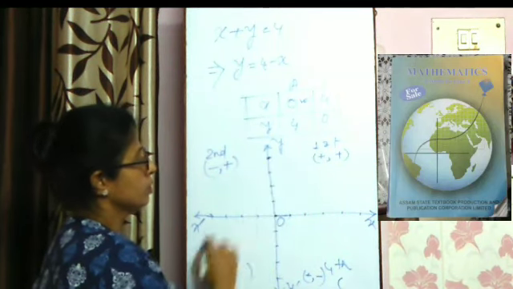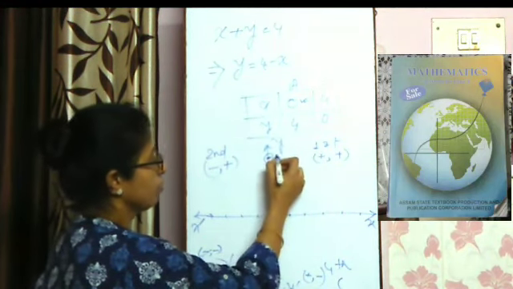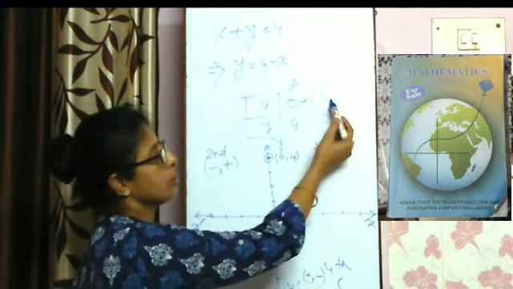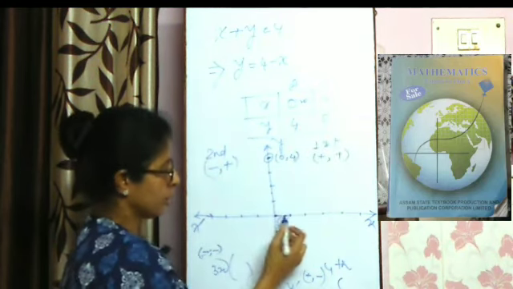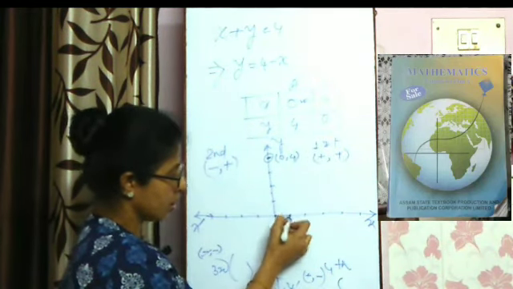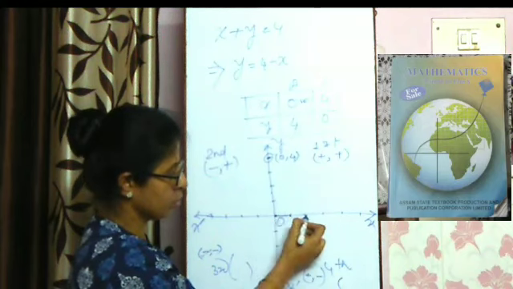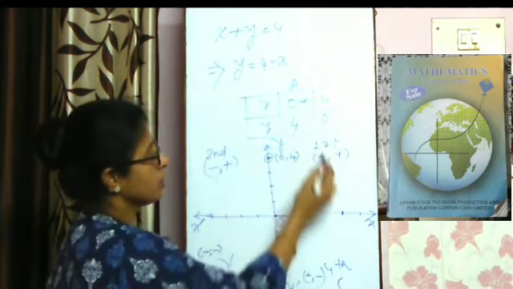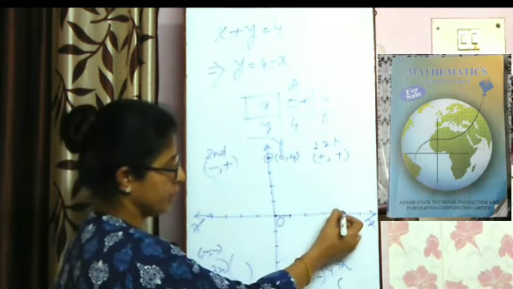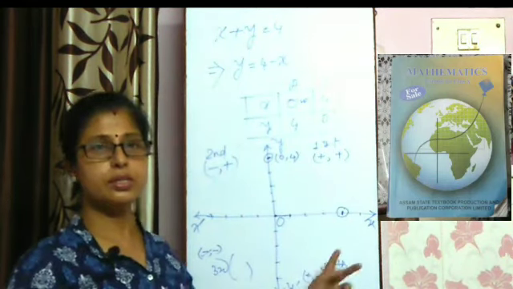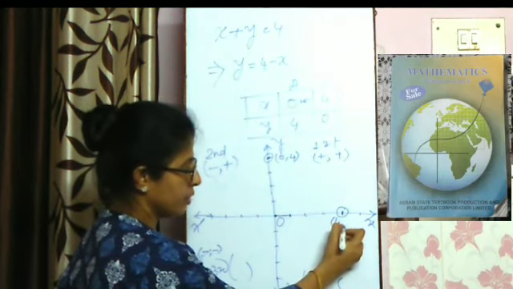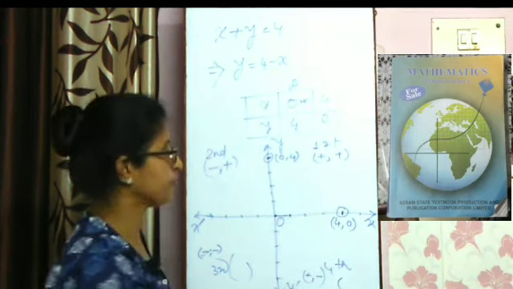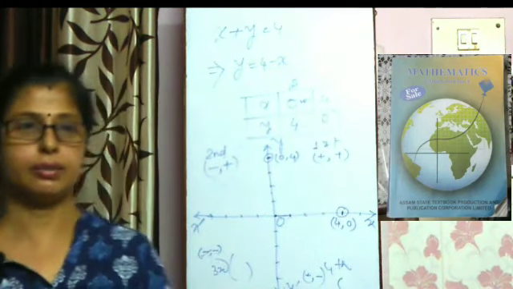So here is the point located for (0, 4). For the second point, x is 4, so you move on this axis 1, 2, 3, 4 in the positive direction. And as y is 0, you do not move anywhere else. So here is the point (4, 0). Thus we have plotted the points.